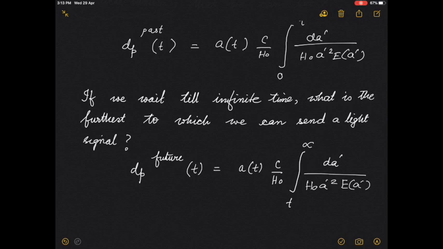You may think that if I wait for infinite time, eventually a signal that I send will reach that part of the universe. But that may not be true. If this integral doesn't converge, then of course this is infinite. But if this integral converges, then even if you wait for infinite time, with the limit of the integral at infinity, dp will still remain finite.